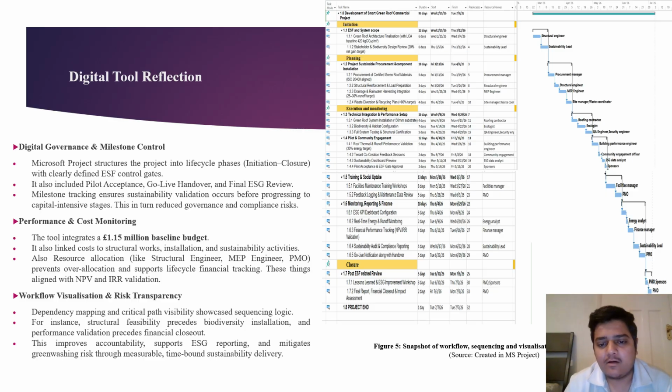Each phase is clearly grouped, and milestone gates prevent progress without proper validation. The 1.15 million budget links to specific tasks and improves cost transparency. The MS Project structure supports governance and accountability.